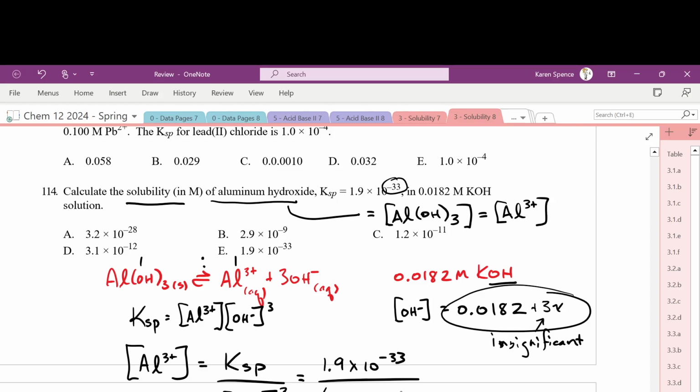Okay? And we need to cube that. And so we get 1.9 times 10 to the negative 33 divided by 0.0182 cubed equals, and I get 3.15 times 10 to the negative 28.